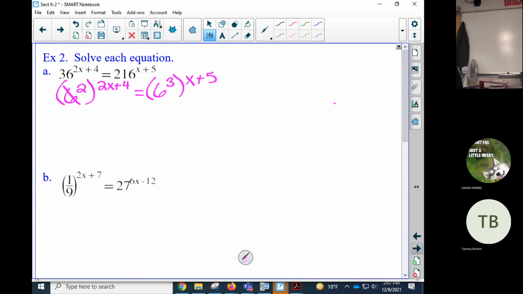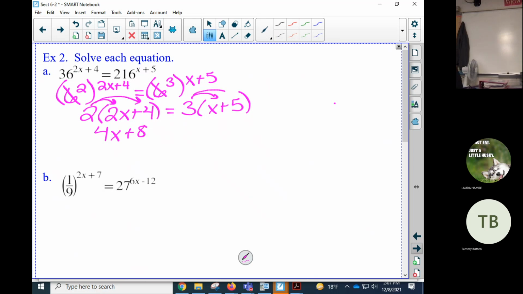Then our 6's go away, and we're left with 2 times 2x plus 4 in parentheses equals 3 times x plus 5 in parentheses. On this one, you have to distribute both sides, so we're going to get 4x plus 8 when we distribute here.